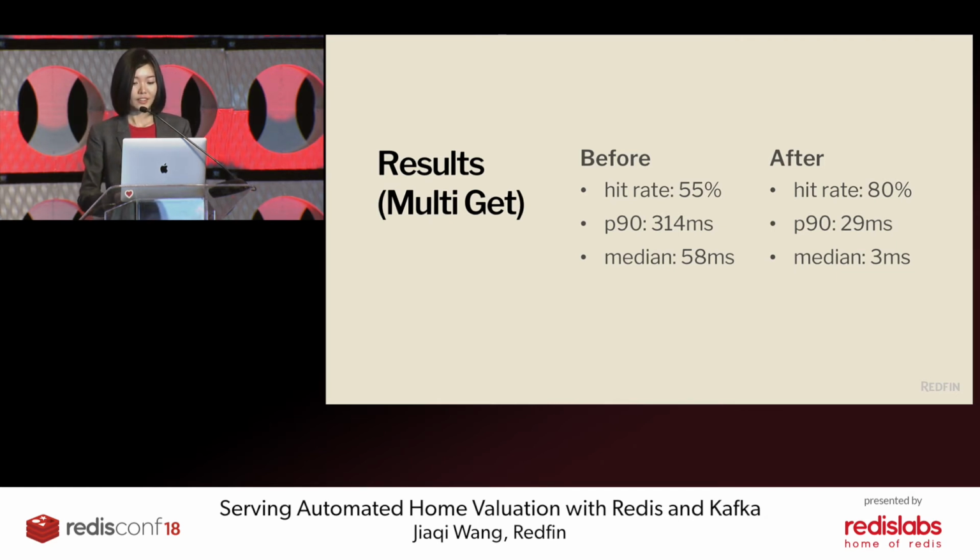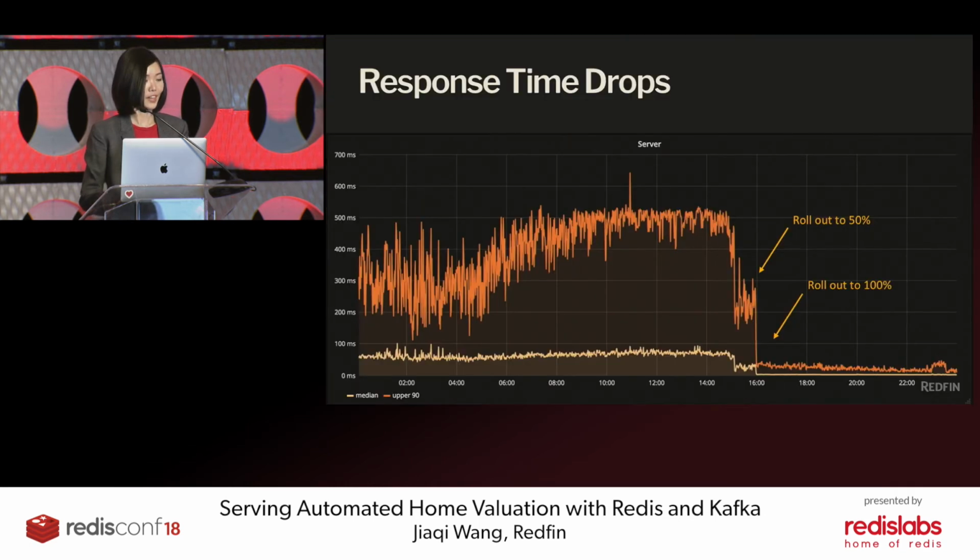And also our batch size, because this is a multiple fetch case, ranges from 10, 20 to 100, sometimes even 2,000. And we were quite amazed by the performance of Redis in getting multiple values at once. Here's just a graph to illustrate the dropping server response time.